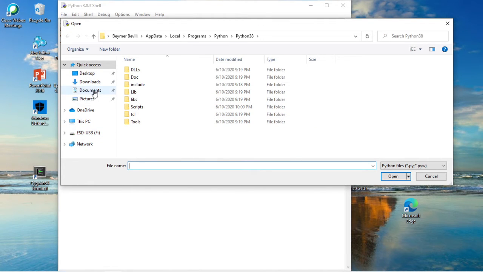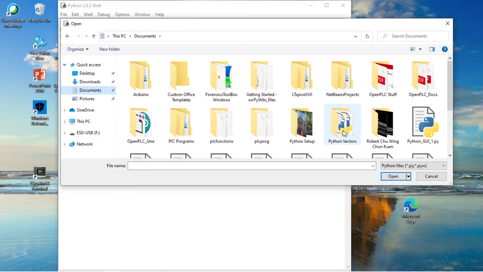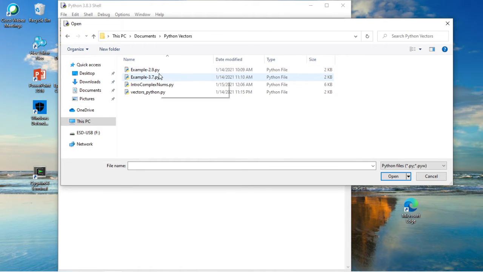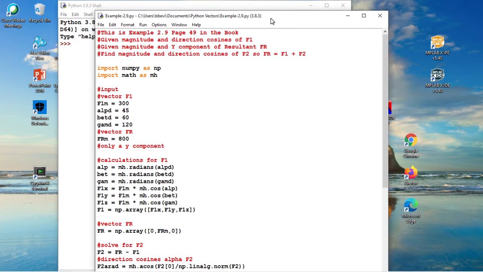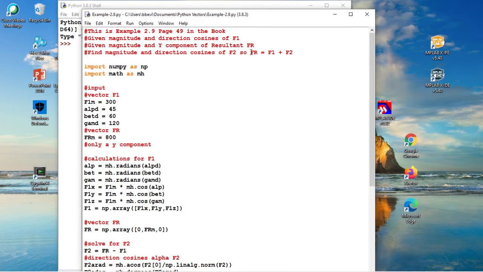Let's pull in 2.9. In this example, which is a really simple one, you have an f1 vector, an f2 vector, and a resultant vector. You're given f1 and fr, and you're asked to find f2.